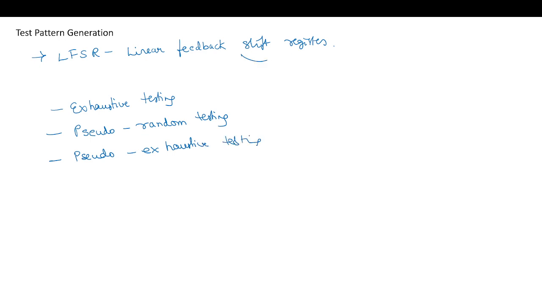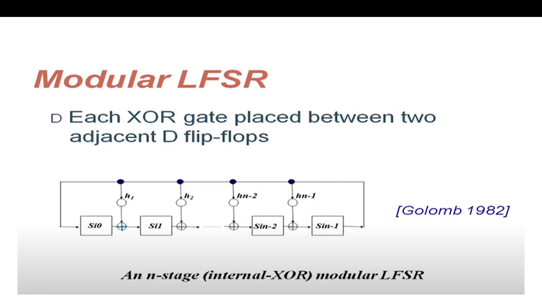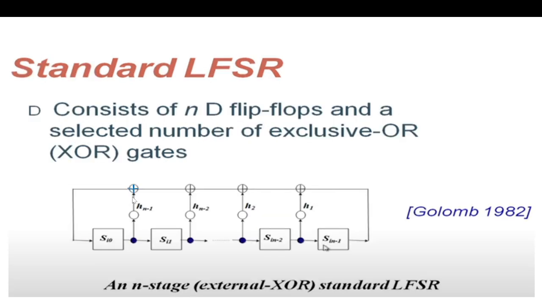This can also be generated using either counters or cellular automata. In LFSR we have two types, standard LFSR and modular LFSR, where in the standard LFSR we have the XOR gate outside. I'm just showing the modular LFSR. Here it's in the path. Functionality-wise, both modular and standard have the same functionality, but structurally they are different.